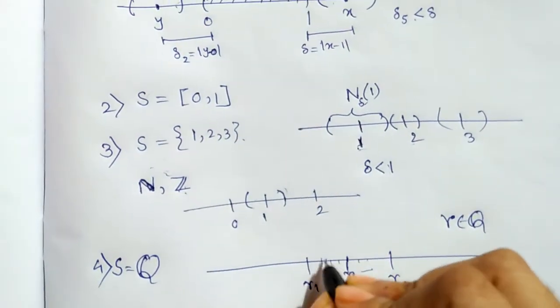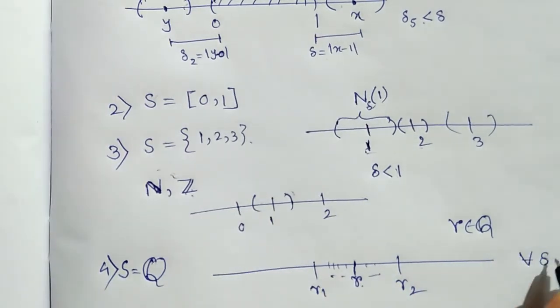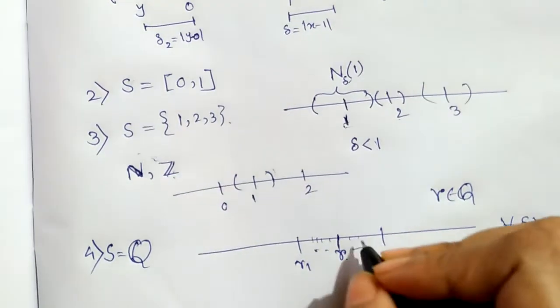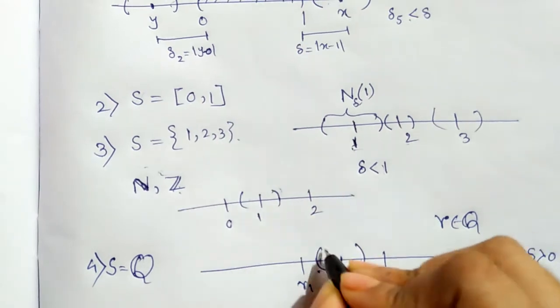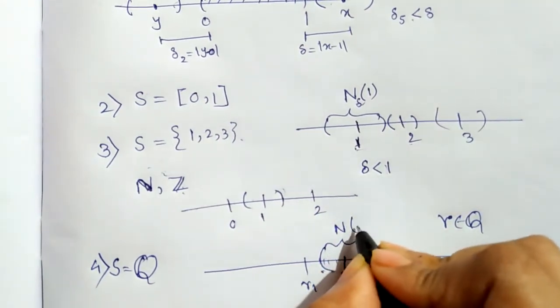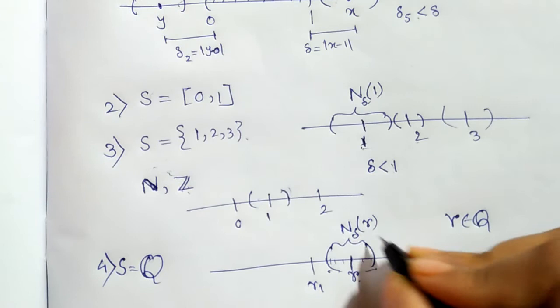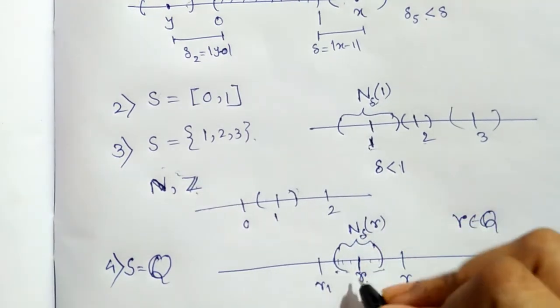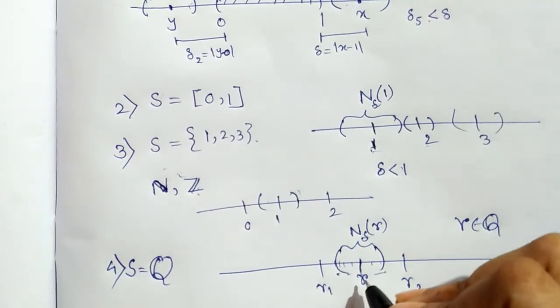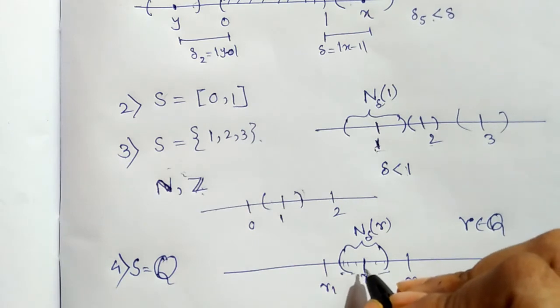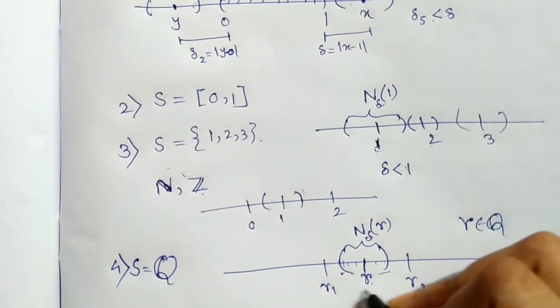For all delta greater than 0, any delta neighborhood N_R(delta) contains a rational number other than R.